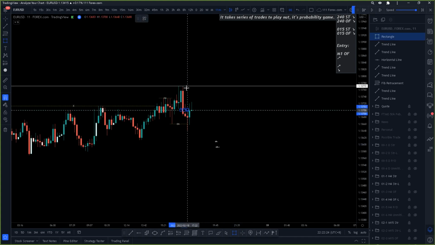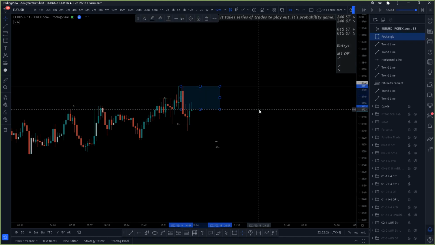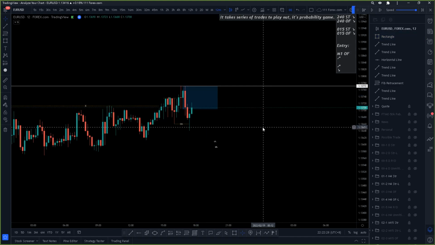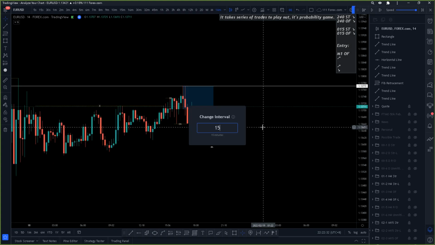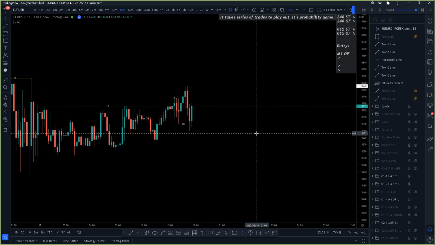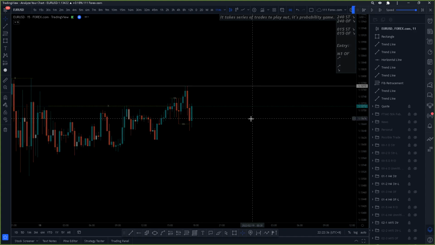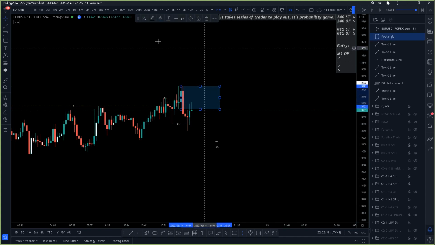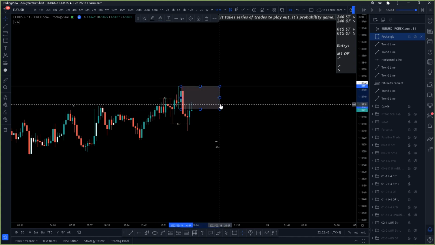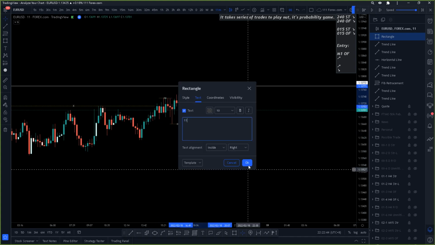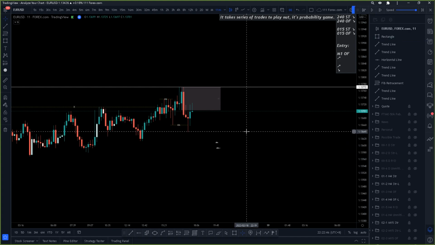So it will be my M1, and M15 order flow, and find the M1.